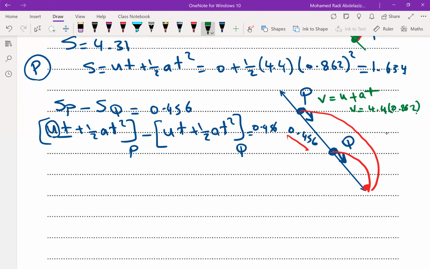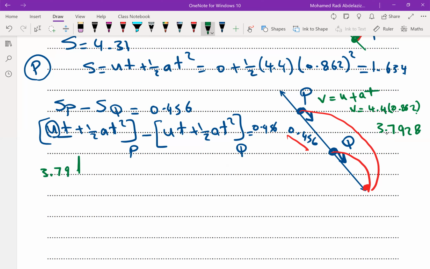So 4.4 multiplied by 0.862 is equal to 3.7928. The initial velocity now is 3.7928.